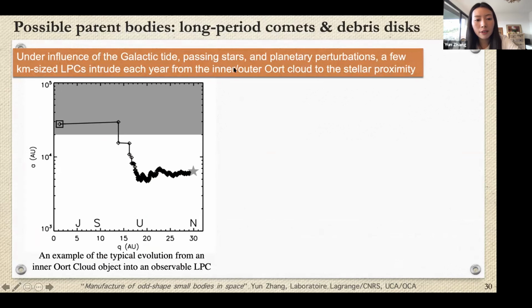Under the combined influence of the galactic passing stars and the planetary perturbation, a few kilometer-sized long period comets will come into the star's proximities every year. This figure shows such an orbital evolution of an Oort cloud object evolved into an observable long period comet.